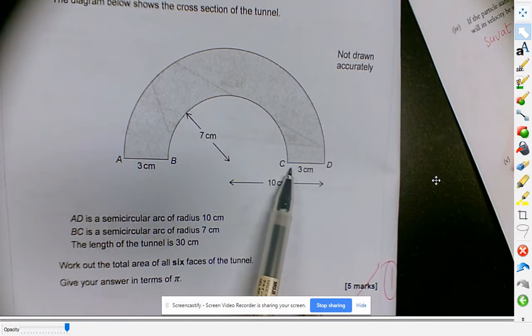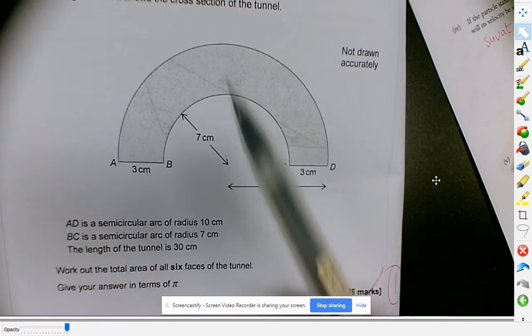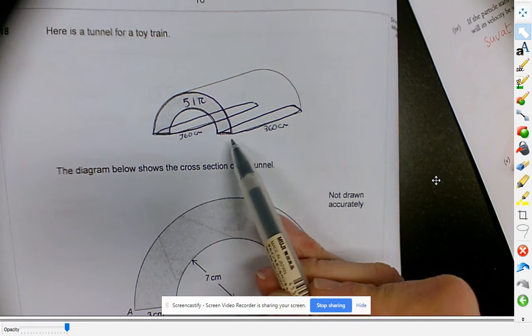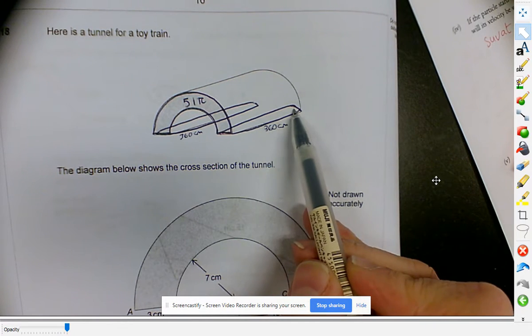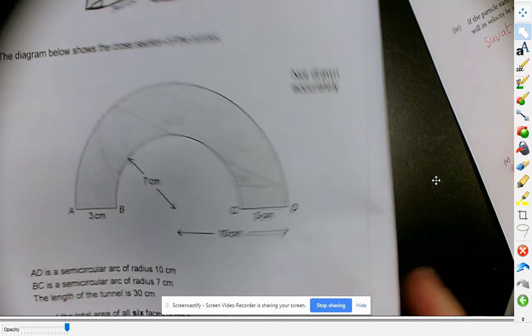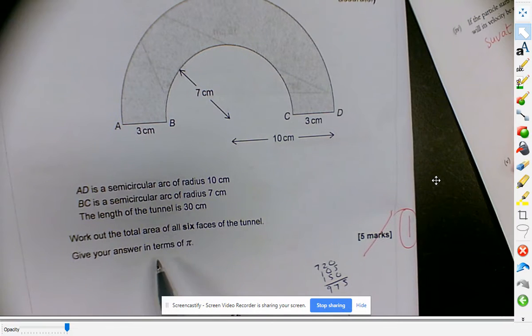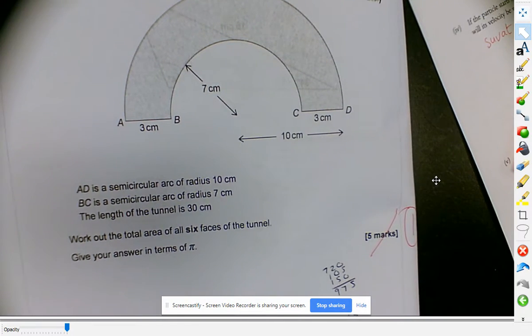That's a semicircle. The length of the tunnel is 30 centimeters. So this person's written that 30 centimeters on. And then work out the total area of all 6 faces of the tunnel. Give your answer in terms of pi.